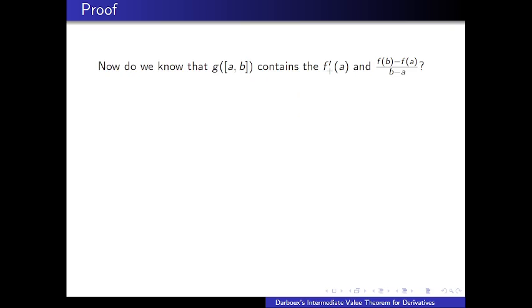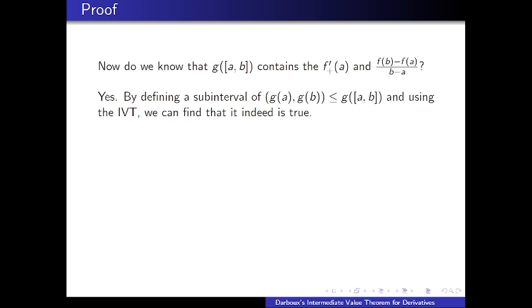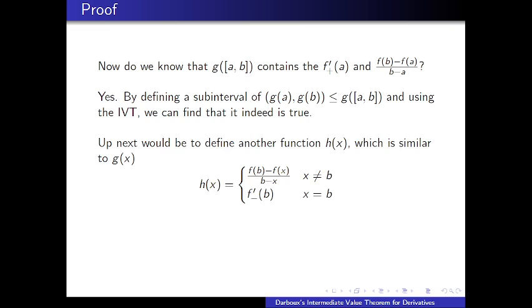Quick question though, do we know that the endpoints f'+(a) and (f(b) minus f(a)) over (b minus a) are in the image of function g on [a, b]? Actually, yes, by defining the open subinterval from g(a) to g(b) and using the IVT, it is indeed true.